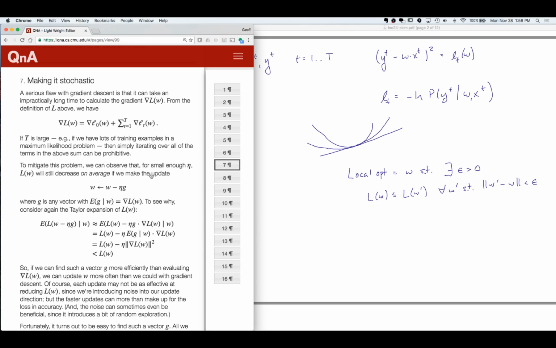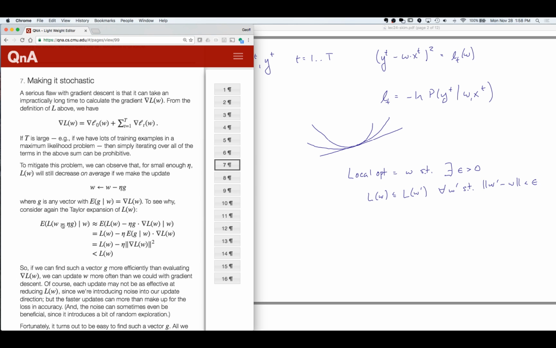To see why that works, let's consider that we take a step eta times g, where g is some approximation to the gradient. So the expected value of g is equal to the gradient, but g might itself be noisy.